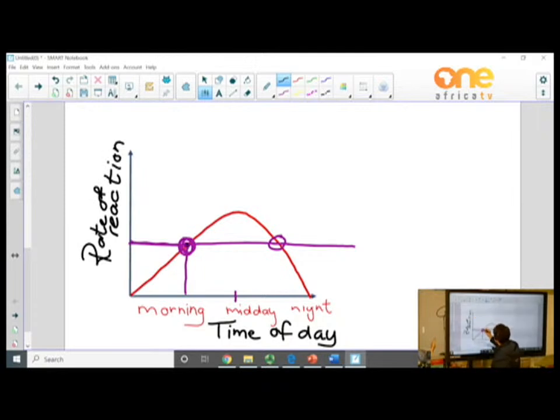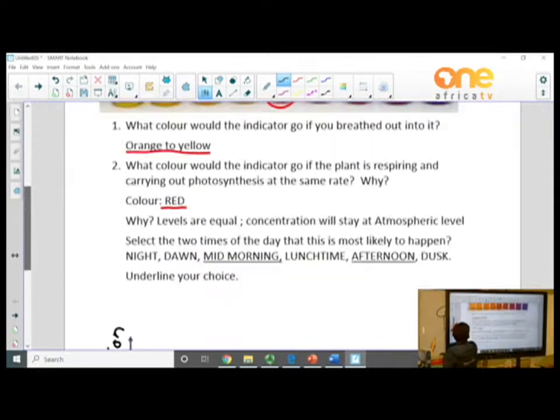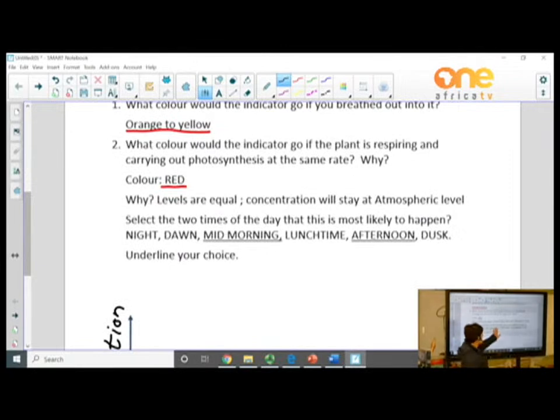Okay? You see that? So, what did you choose? I said in mid-morning because I think if I go from morning, mid-morning, lunch, dawn is when the sun rises. Mid-morning, lunch, afternoon, dusk, and night.